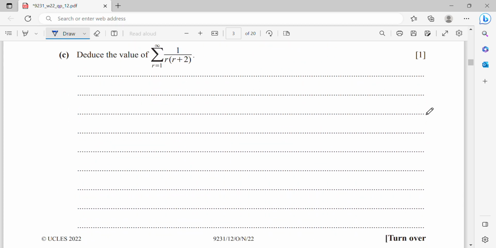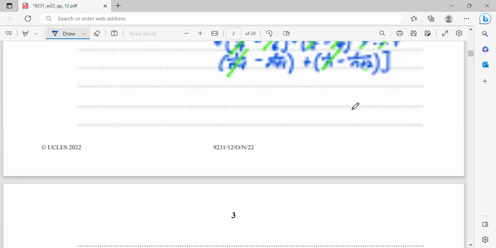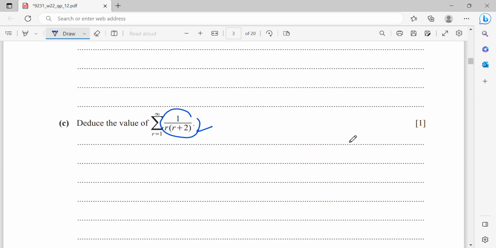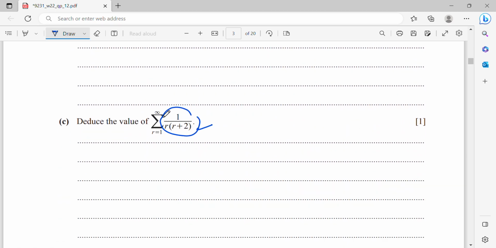Now, deduce the value. So this sum is similar to the previous sum, the sum from 1 until n. It's just that now we have to change r from 1 until infinity. So I may write summation r from 1 to infinity, 1 over r plus 2, is basically the limit when n tends to infinity for the summation 1 over r plus 2, whereby r starts from 1 until n.